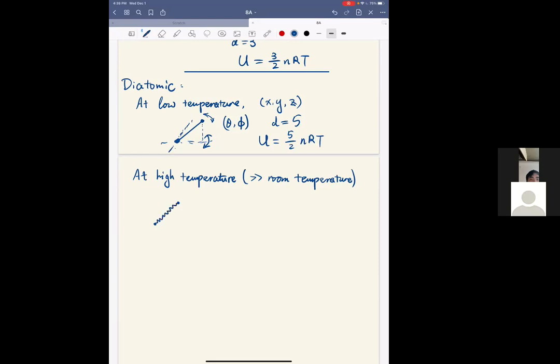In fact, we have to take account of the radial movement of those atoms. And therefore, the rod cannot be a rod anymore. It has to be a spring.